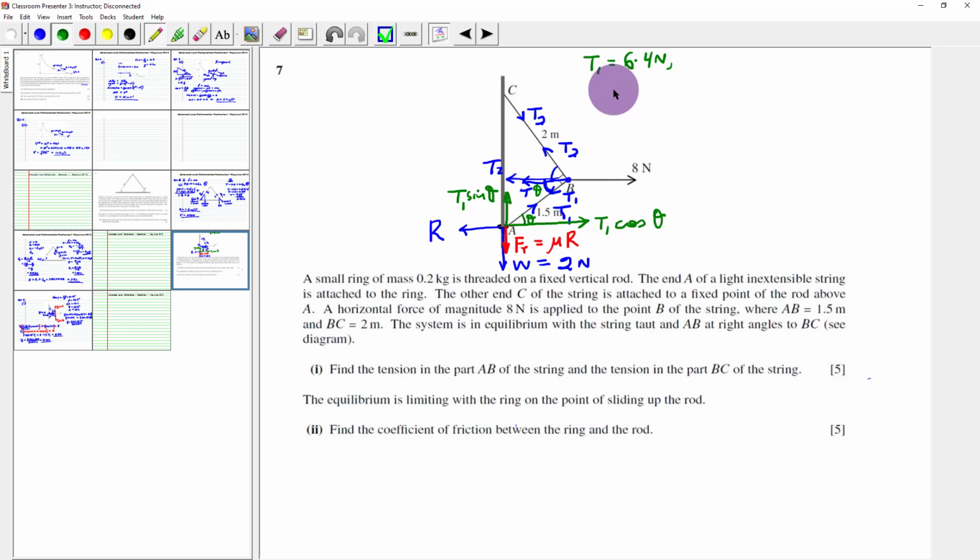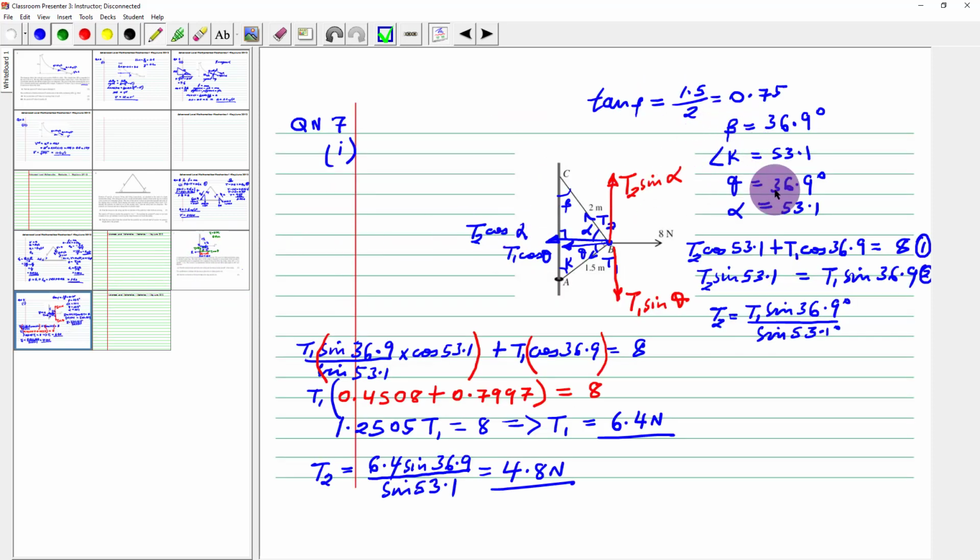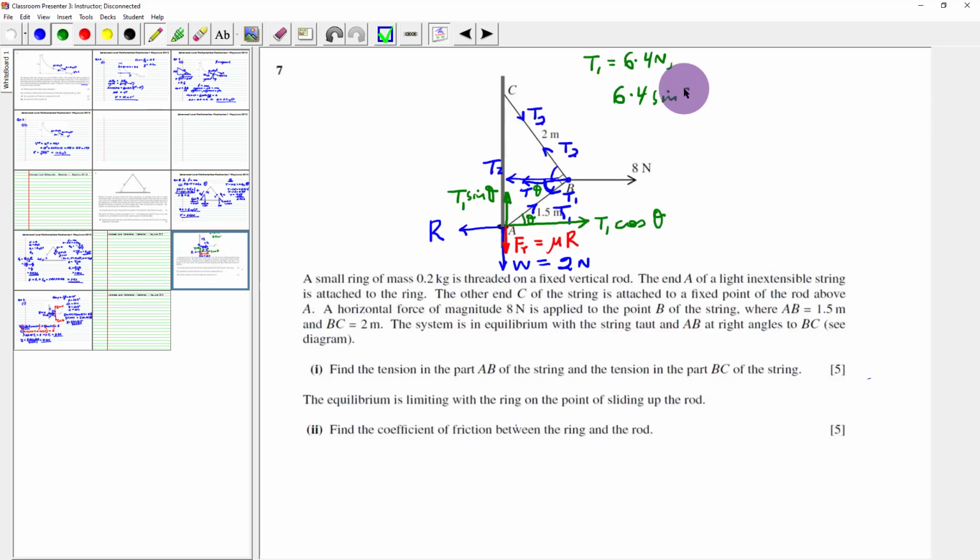So vertically upwards, I have 6.4 sine theta, and theta we had obtained to be 36.9. So T1 sine theta is equal to the friction force, which is mu R, plus 2. We can say this is the first expression.